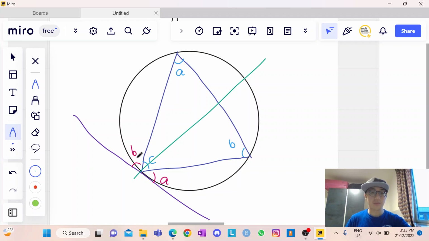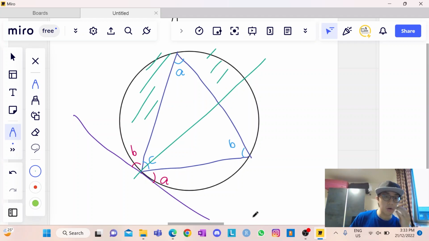Therefore, this angle cannot be A, because if this is A, meaning this must be parallel to the tangent line, that makes the alternate angle. However, it's not. So if you draw a line right here, A takes the region right here. So this angle outside the region will be A. I hope you can get it.